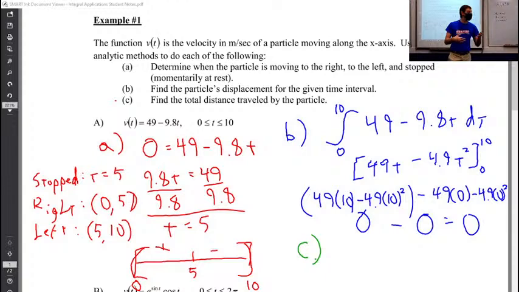This is the same idea as net area versus total area. The easy way to do that, making sure the negative area counts as positive, is with absolute value bars. That way, the whole function will count as positive the whole time.